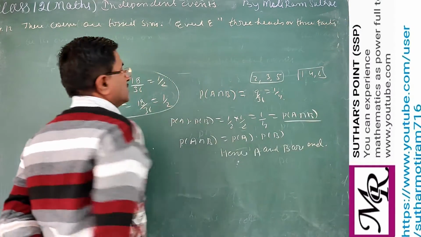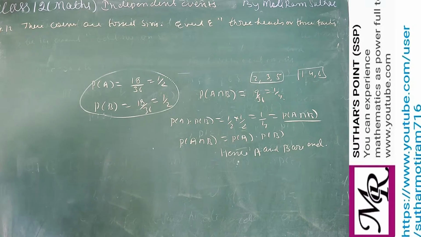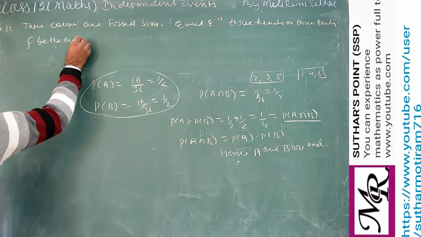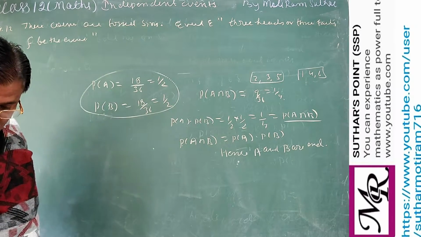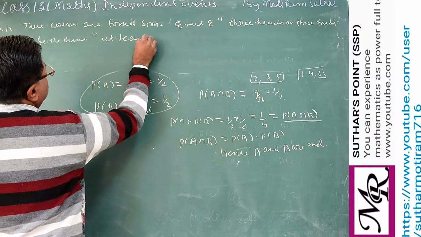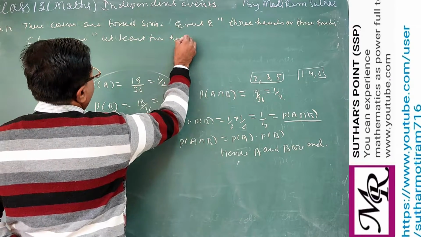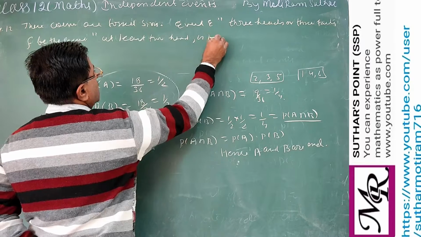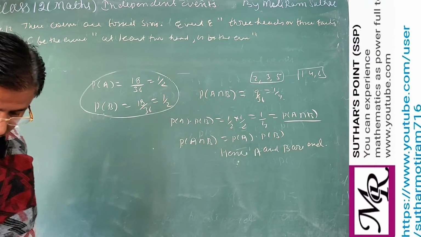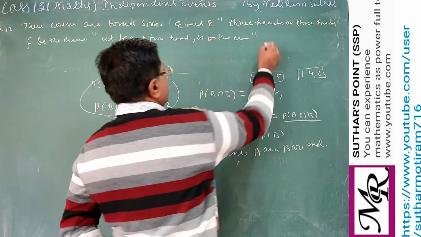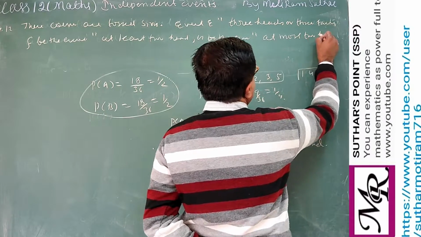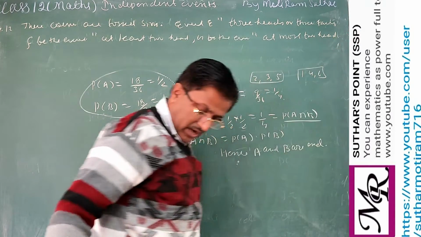So there are 2 cases. F be the event that says at least 2 heads. G be the event that says at most 2 heads. These are given.